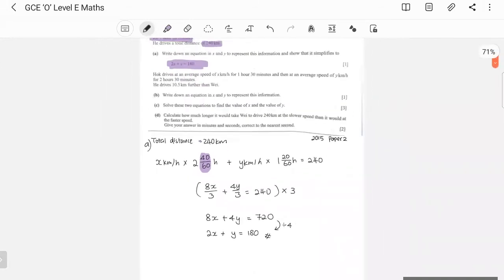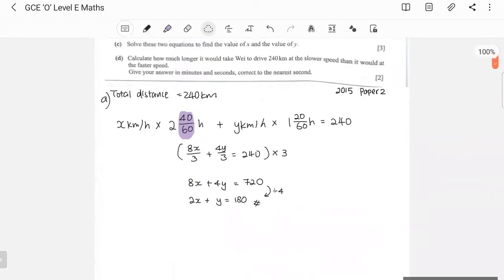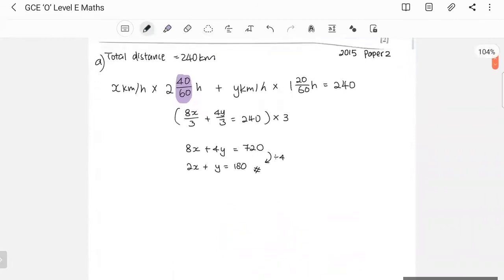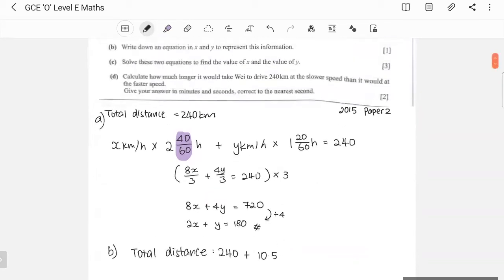The steps of solving this are the same. We have to understand that the total distance for Hawk is 240 plus the additional 10.5 km.